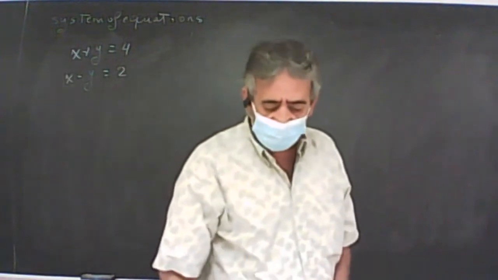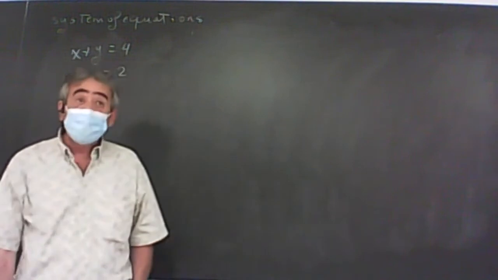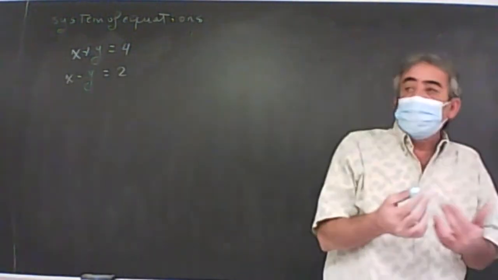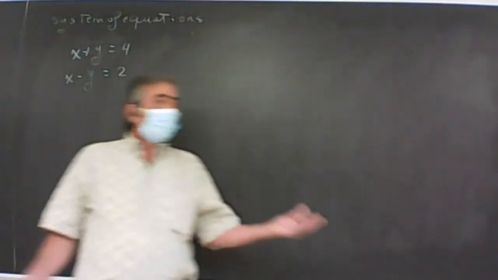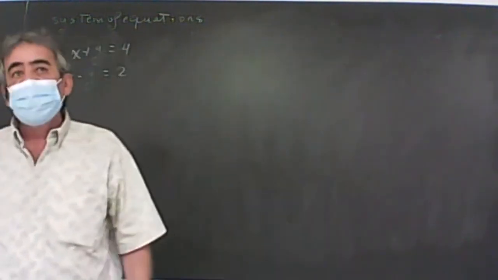When we solved this, we did substitution, where we looked for one variable in terms of the other, and then substituted it, found the value, and back substituted to find the other value. Yes?